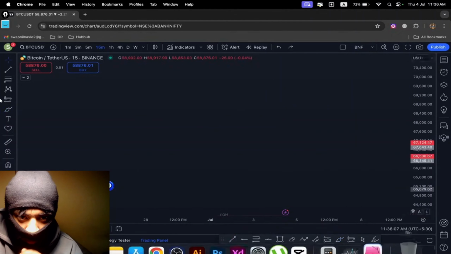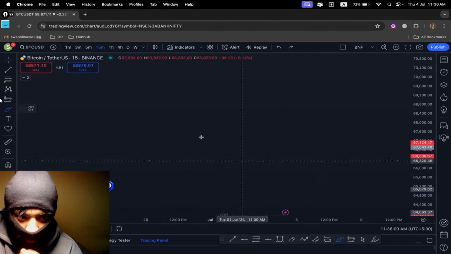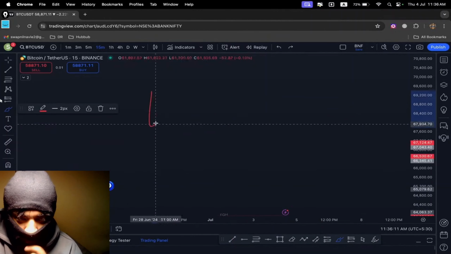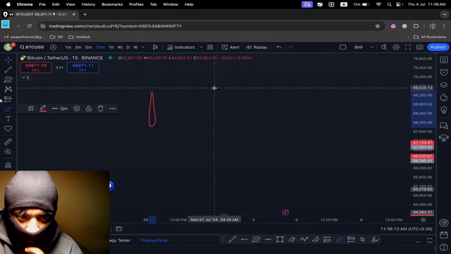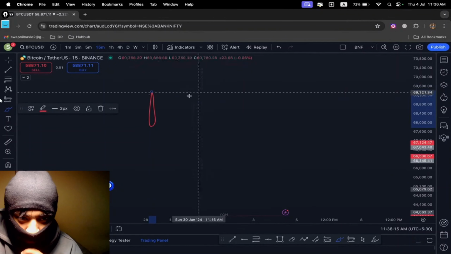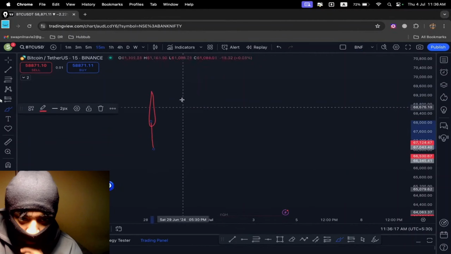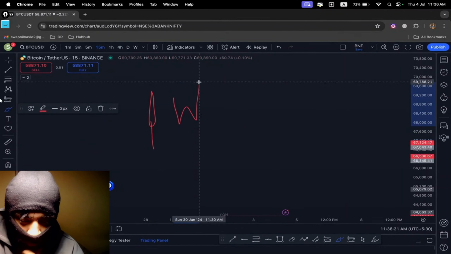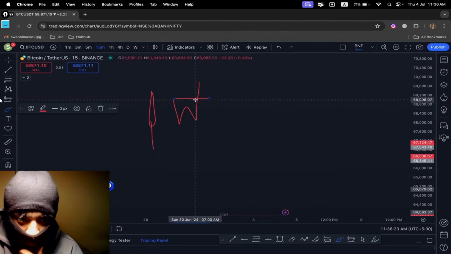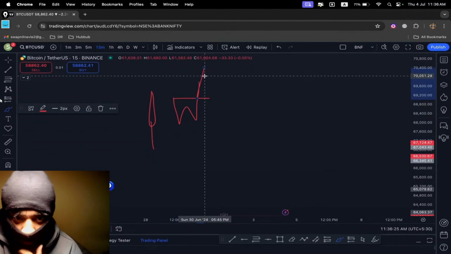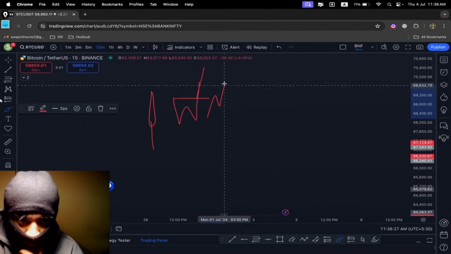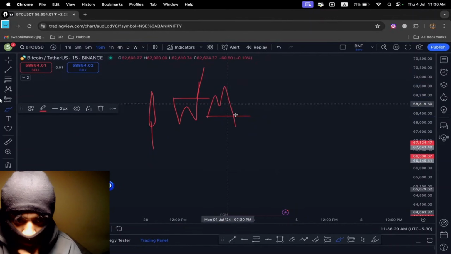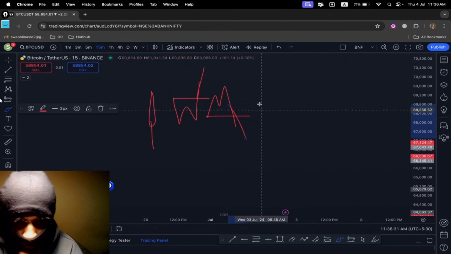But those who move the market are the big players. And what do the big players do? Big players trap the retail traders, and how they trap them, we're gonna learn today. They make it a hammer or star or double pattern or M pattern. They trap the retail traders there and move the market opposite to them.